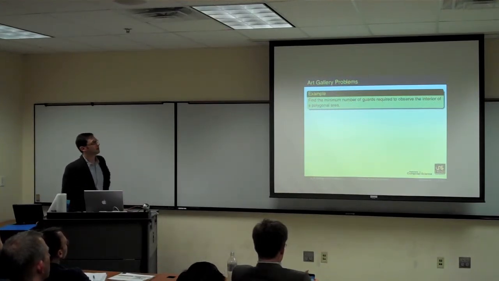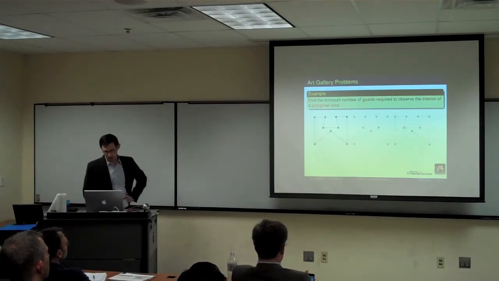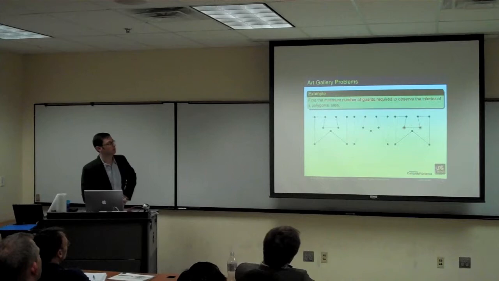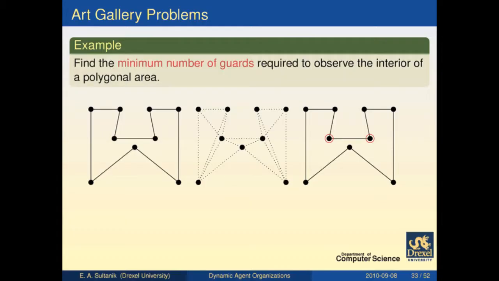So the classic art gallery problem is given some polygon, we create what's called a visibility graph, which is essentially a graph representing which vertices can be seen by which other ones. And we want to find some minimum set of guard locations that are sufficient to observe the entire interior of the polygon.